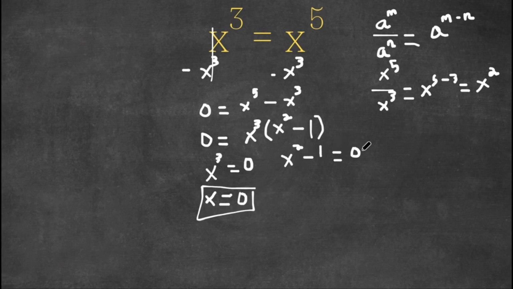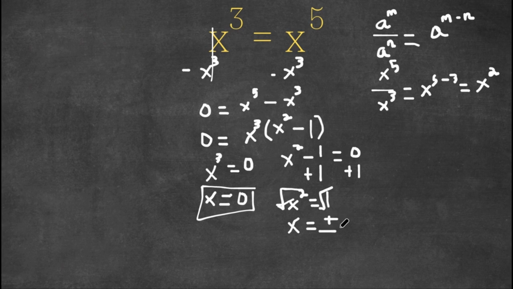Now we have x squared minus 1 equals 0. So if we add 1 on both sides, we get x squared equals 1. Now, if we take the square root on both sides, because we just want x, we get x equals positive or negative 1.